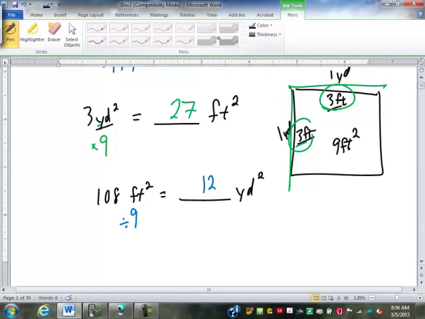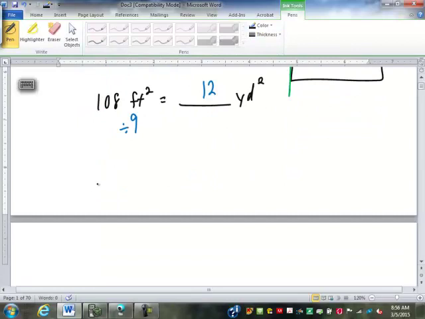A unit of area that does not come from one of our units of length is the acre. Anybody know how big an acre is? Well, isn't it like 43,560 square feet.